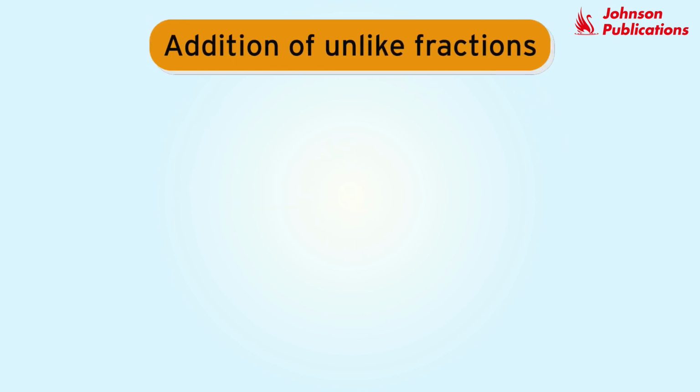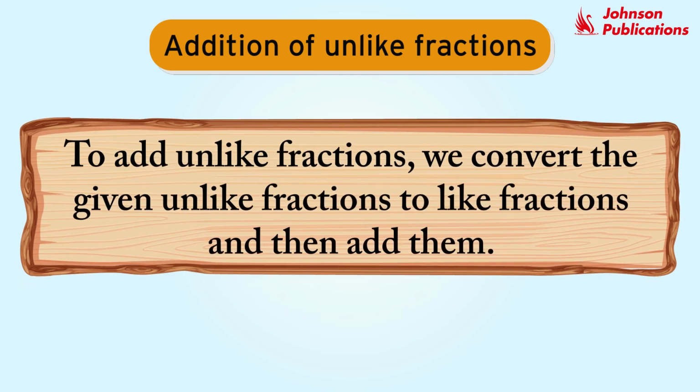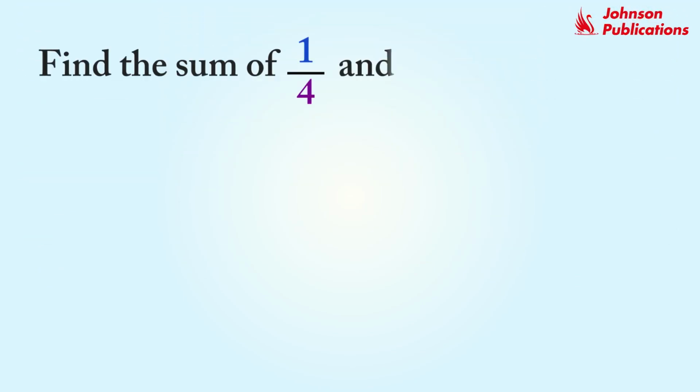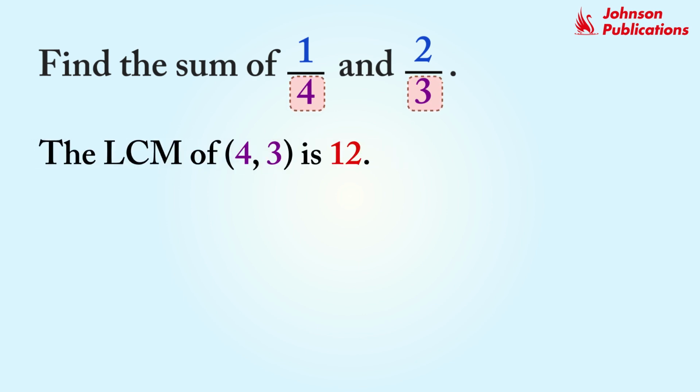Addition of unlike fractions. To add unlike fractions, we convert the given unlike fractions to like fractions and then add them. Find the sum of these fractions. Find the LCM of the denominators. The LCM of 4 and 3 is 12.